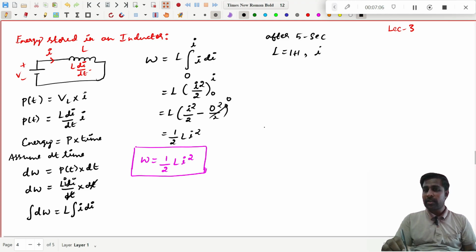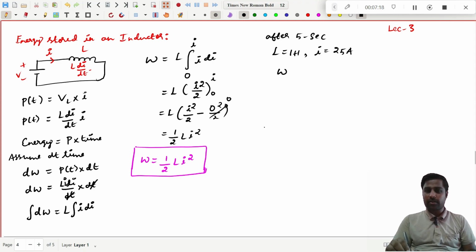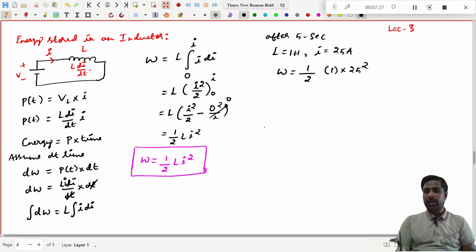And what is the current there? The current is 25 amperes, which is stored forever after short circuiting the inductor at 5 seconds. So if I want to find how much energy is stored in the inductor, that is 1 by 2 into 1 into 25 squared. What is 25 squared?